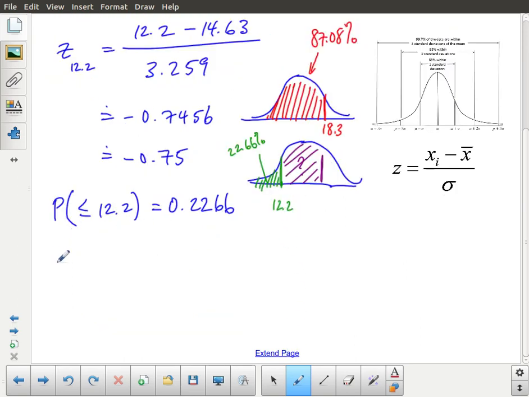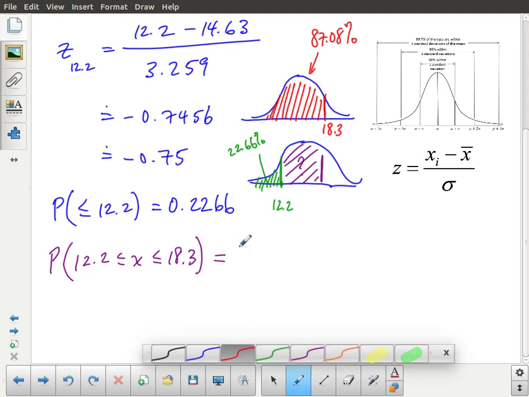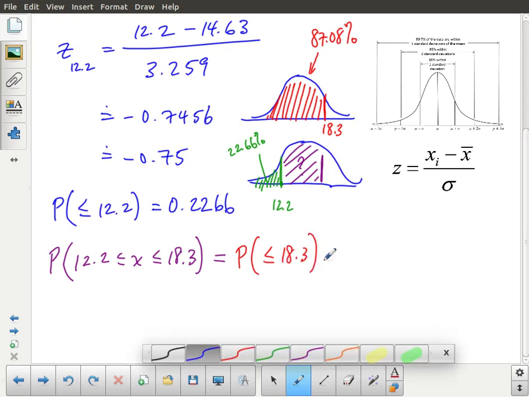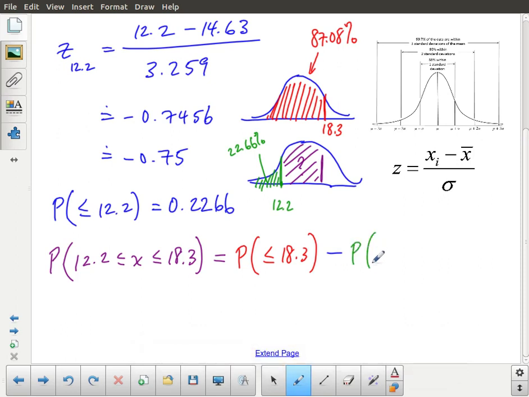So if I color code it, the probability that we are between 12.2 less than or equal to x less than or equal to 18.3 is equal to the probability of less than or equal to 18.3 minus, and I subtract from that, the probability of less than or equal to 12.2.